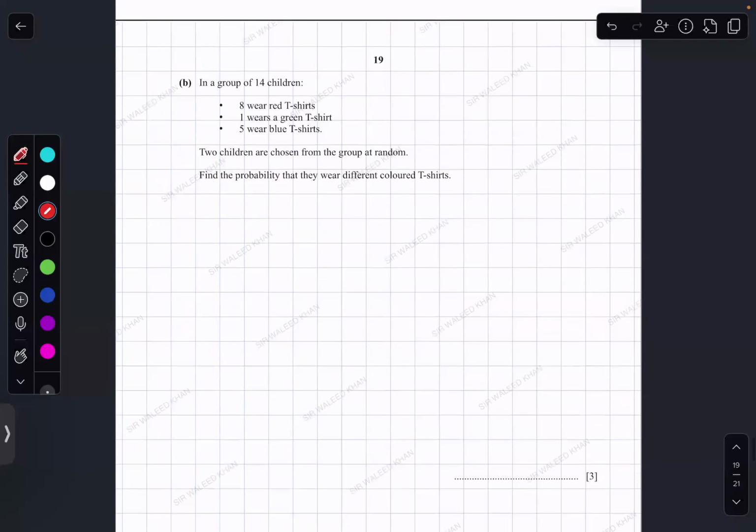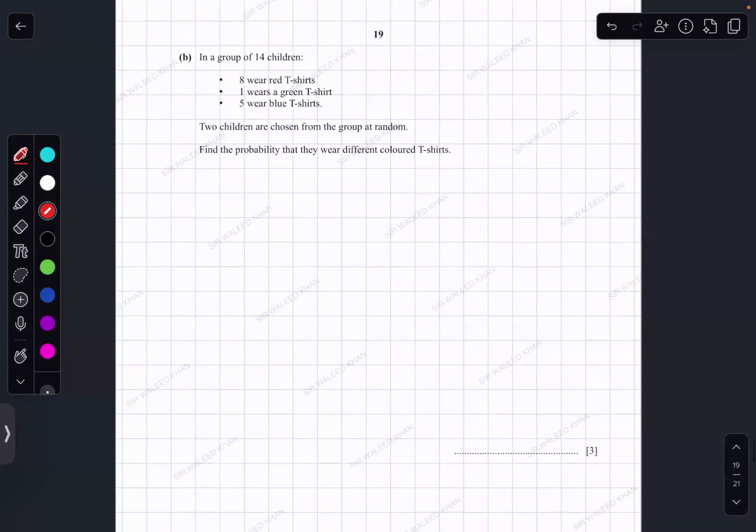Okay. Then B part. In a group of 14 children, 8 wear red t-shirts, 1 wears a green t-shirt, 5 wear blue t-shirts. 2 children are chosen at random. Find the probability that they wear different color t-shirts. Now, no tree diagram is given to us.